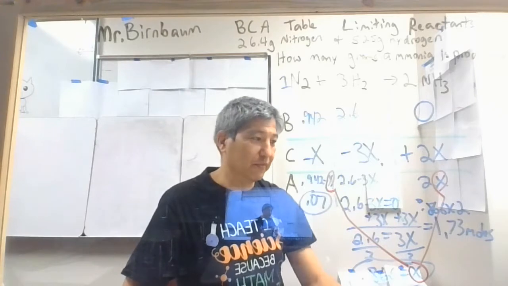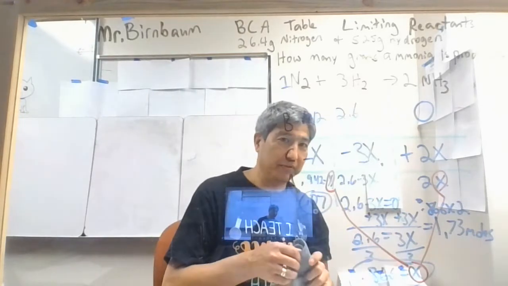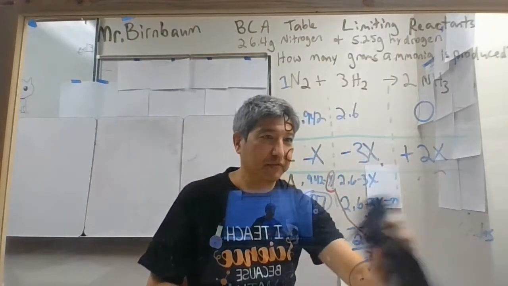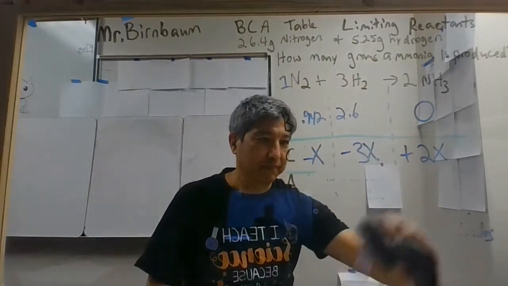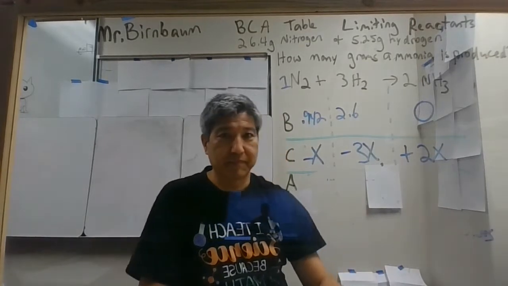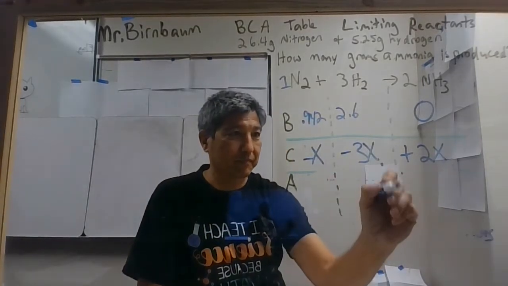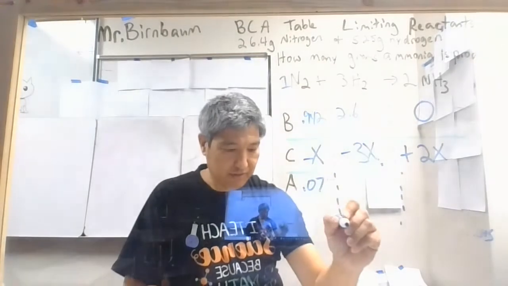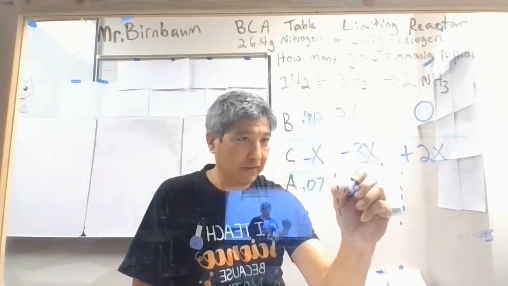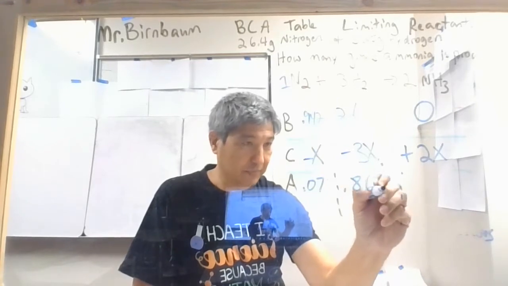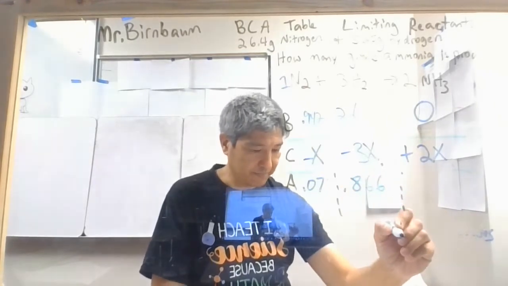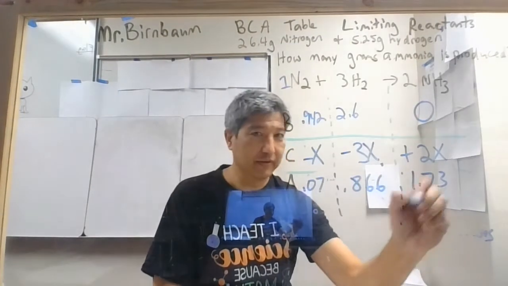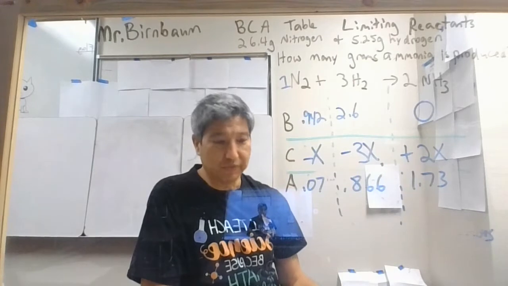So now that I've got these ratios, I'm going to put these in here. So 0.07, 0.866, and 1.73. Okay, so these are all moles.